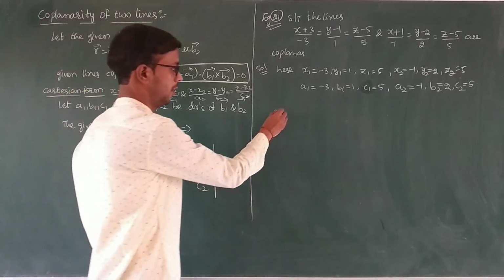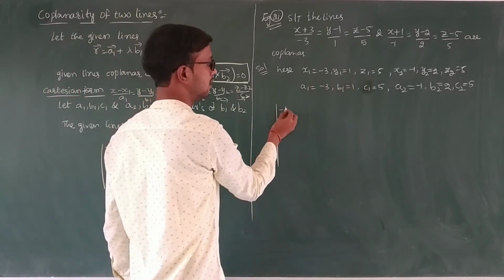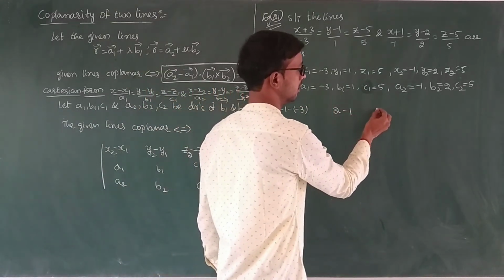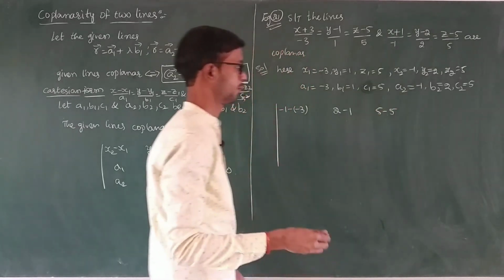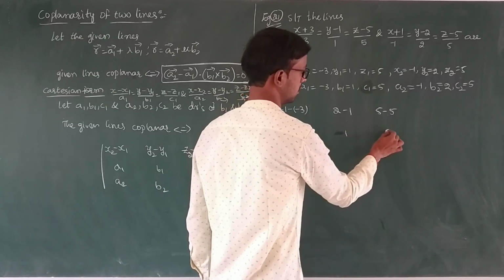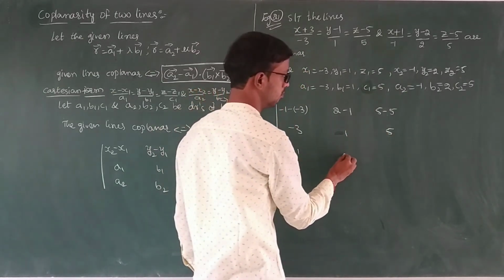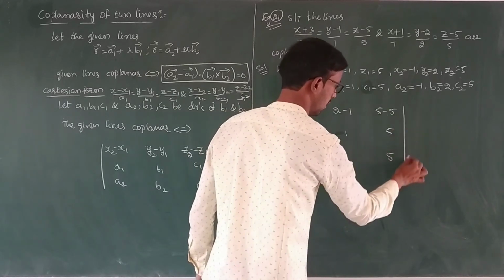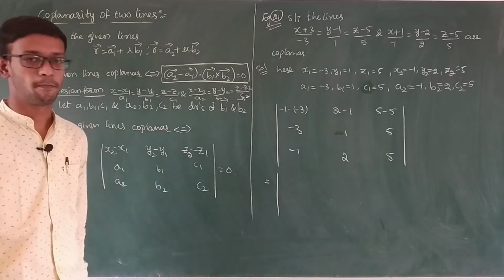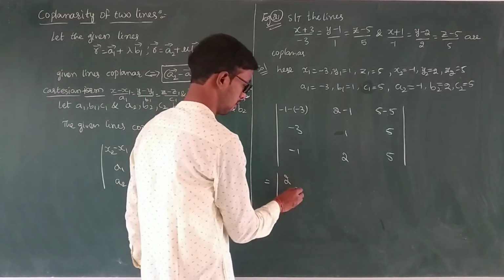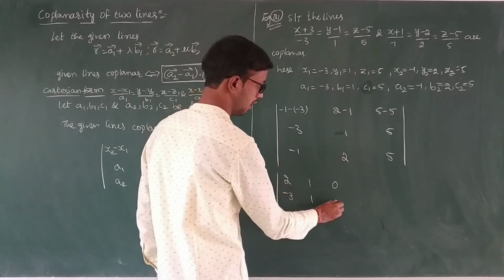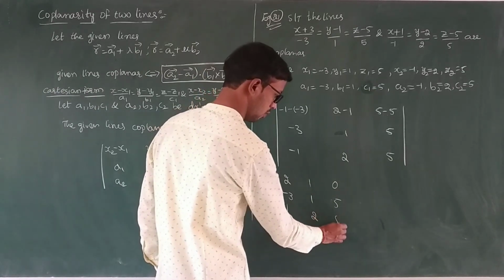So just here, substitution in x2 minus x1, y2 minus y1, z2 minus z1, a1, b1, c1, a2, b2, c2. Plus 3 minus 1, 2, 1, 0, minus 3, 1, 5, minus 1, 2, 5.